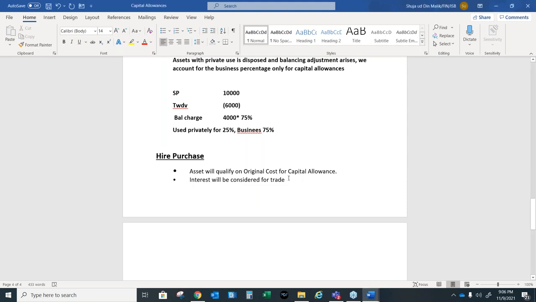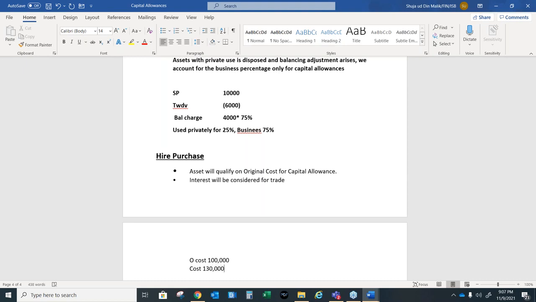Okay, I will be asking you certain questions that I believe you will be comfortable answering. When we hire purchase an asset, for example, an asset with an original cost of 100,000, we go for a hire purchase agreement and it costs us 130,000.